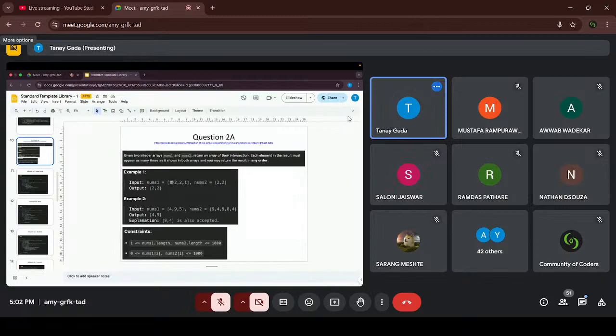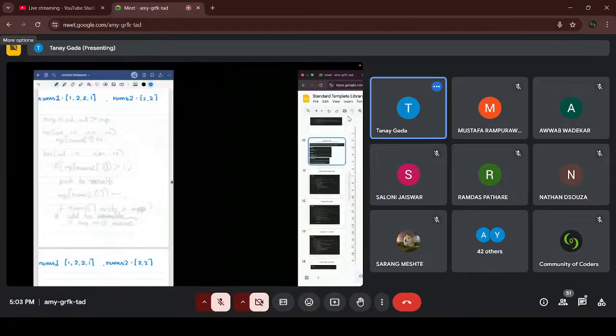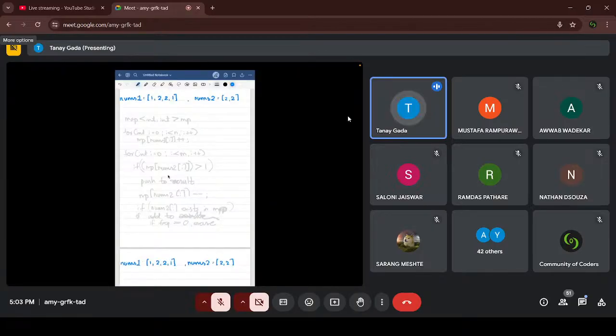Yeah. So we can insert the elements of either nums1 or nums2 to the map. So here we are inserting the elements of nums1 into the map.